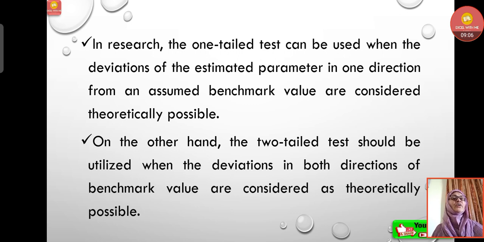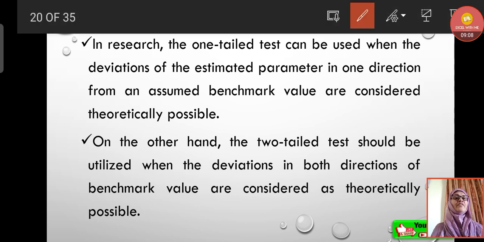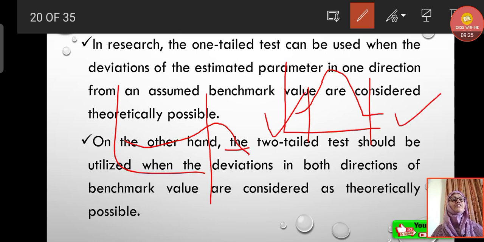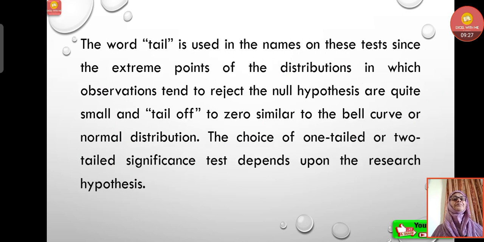considered theoretically possible. When we take the graph here, these are the two-sided. When we take, it will slope like this and it will go to one side. This is one-tailed, and if we are taking the two sides, that will become two-tailed.